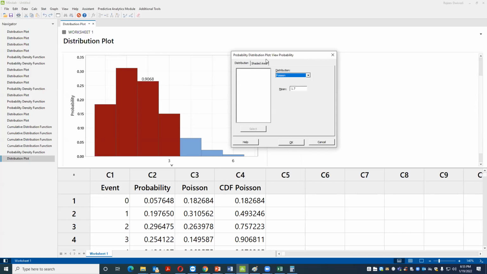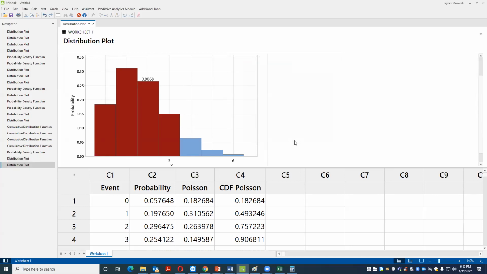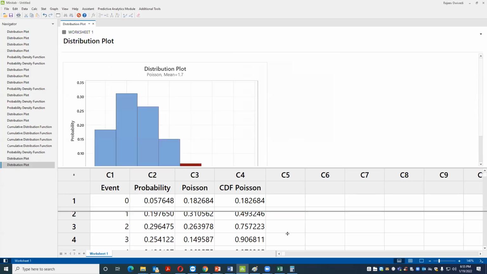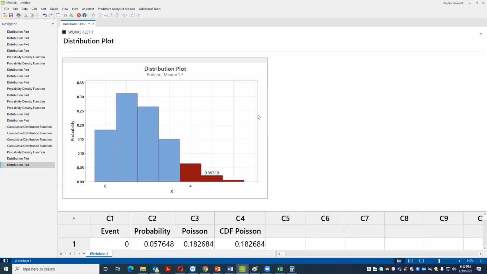More than 3, I'm going to put X value 4 because this is discrete. I'm going to see the right side. So the average in this bank is 1.7 customers per minute. More than 3 arrival is about 9 or 10%.